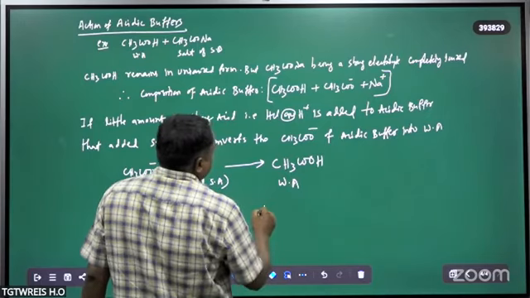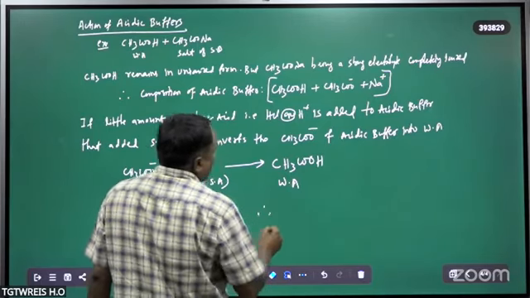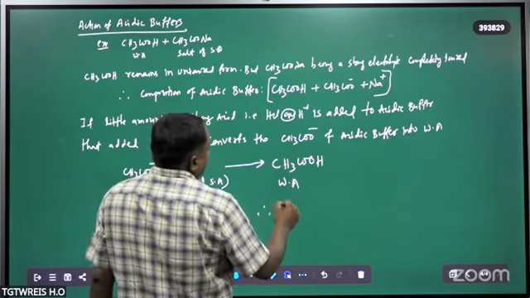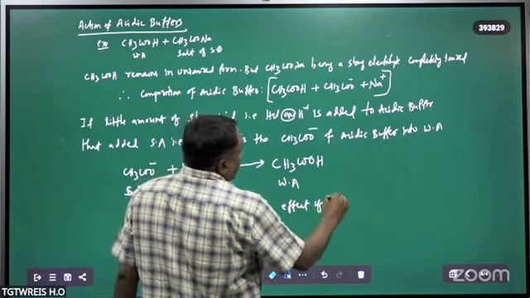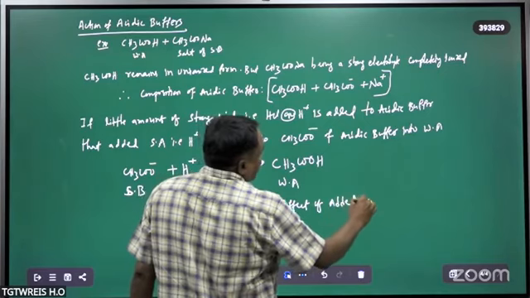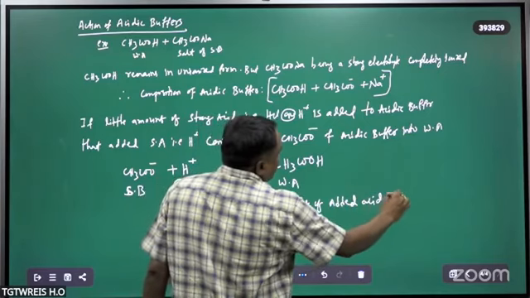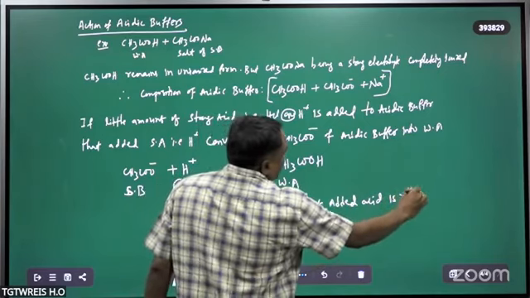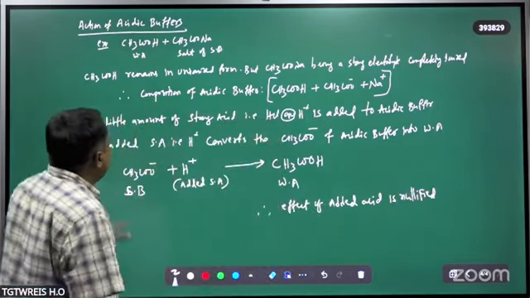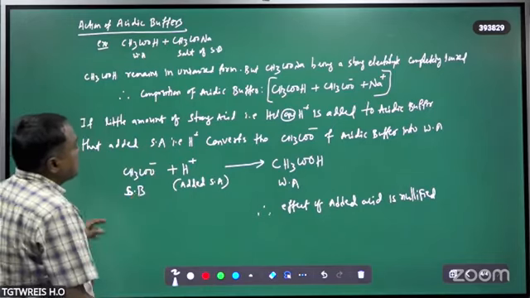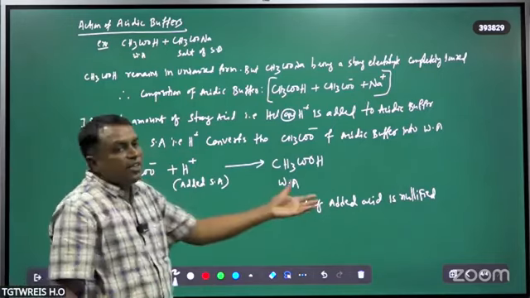Therefore, the effect of added acid is nullified. Nullified means null, means zero. So here we are adding H plus to this strong base. That strong base is converting into weak acid.